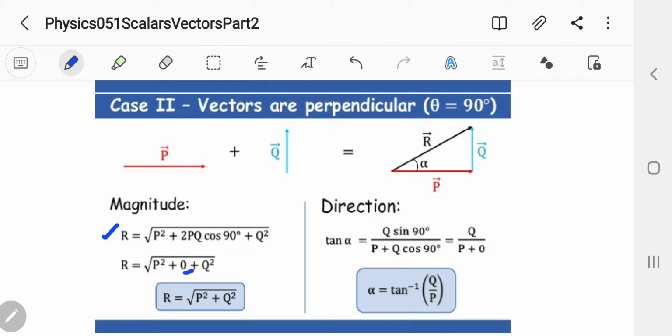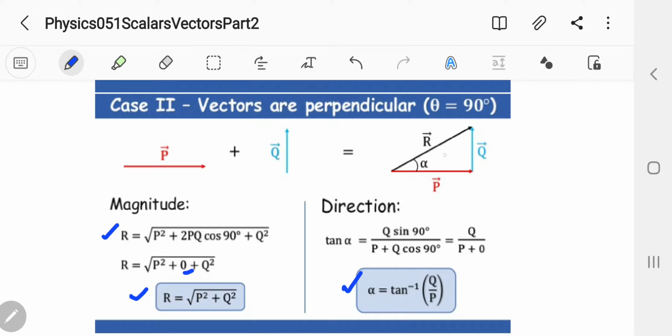You are only left with the two terms, p squared and q squared. The direction now would be q sine 90 over p plus q cosine 90, which is equal to q over p plus 0. So tangent alpha is equal to q over p, or alpha is tangent inverse of q over p.